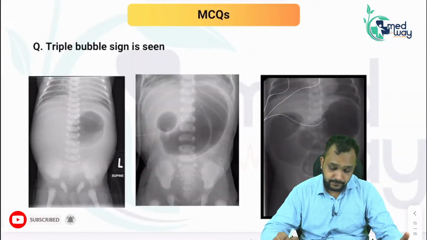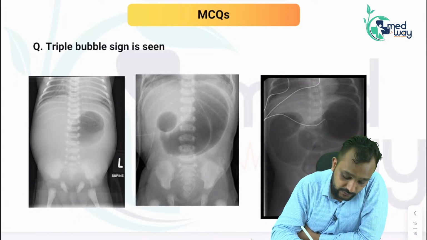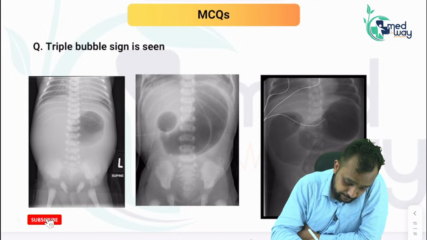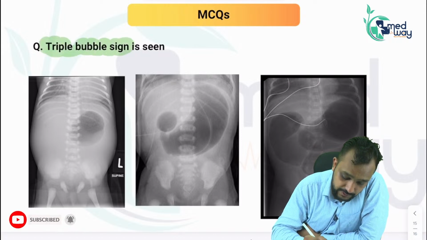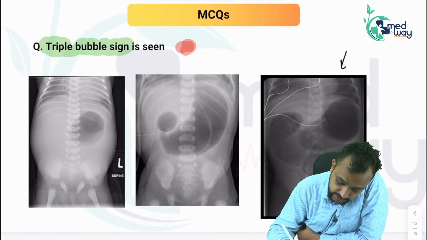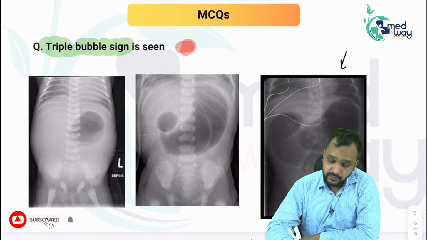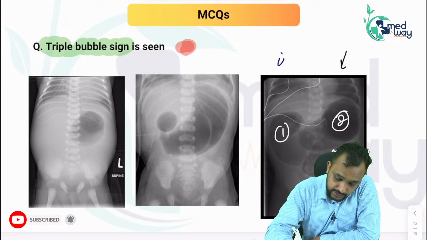Now the last image that was given to me was your triple bubble sign. So we all know triple bubble sign is seen in patients with ileal atresia, and this is the image showing 3 bubbles, 1, 2 and 3.